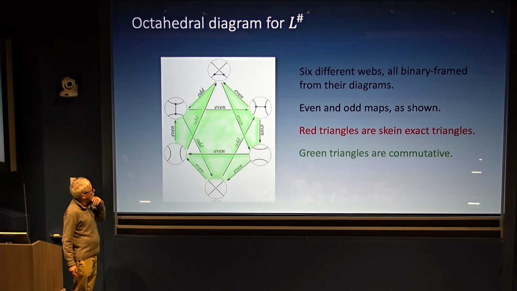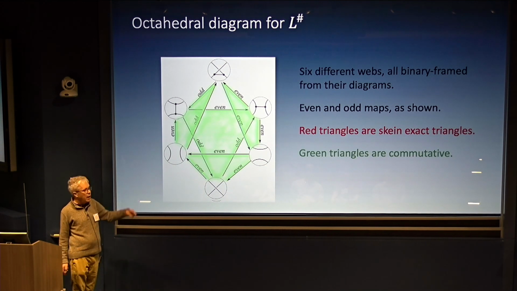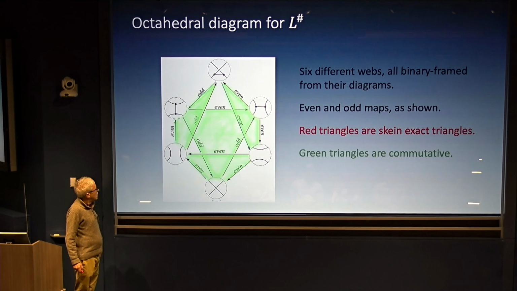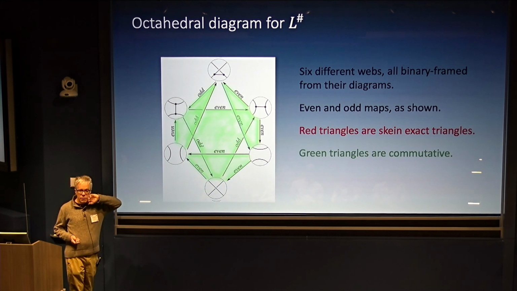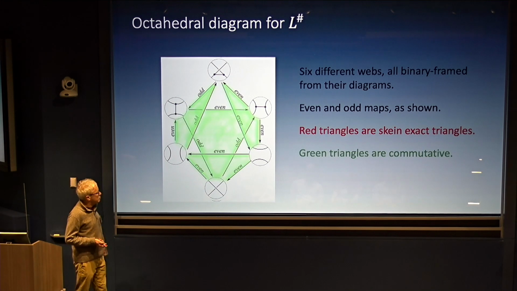The remaining 4, which are either even, even, even, or odd, odd, even, are commutative triangles. They all express the fact that one map is the composite of the 2 others according to the directions of the arrows.